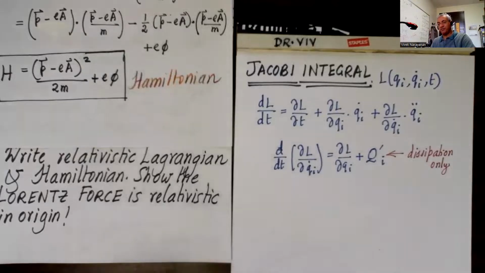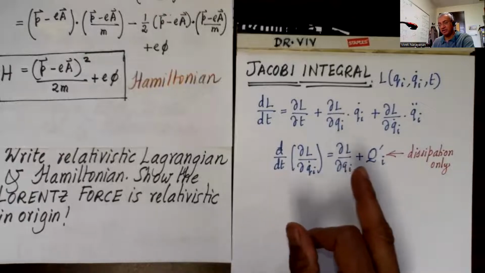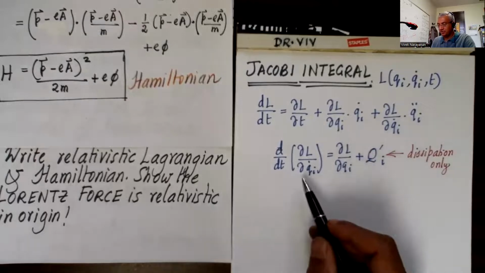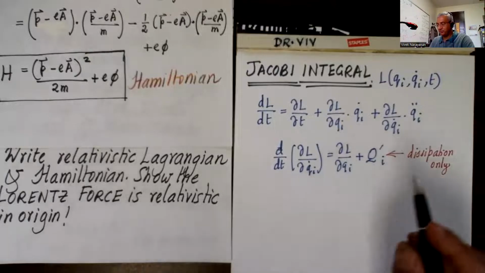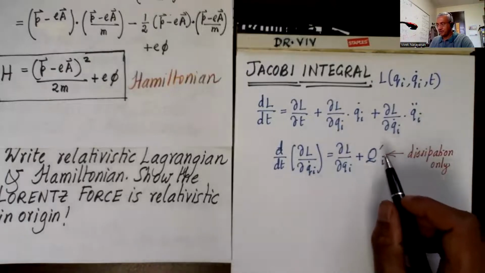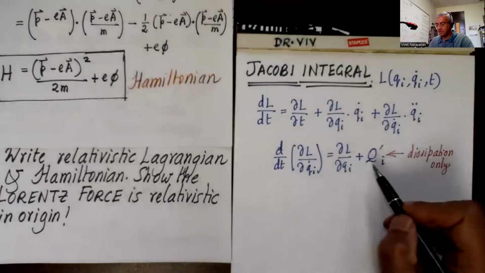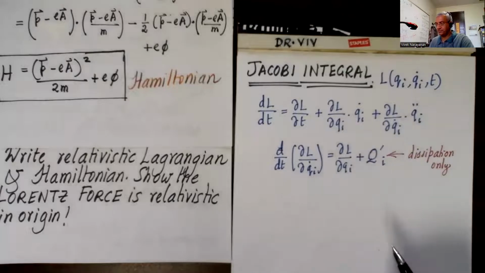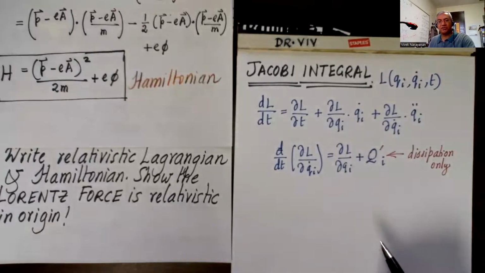Whatever part of the generalized force that's not dissipation and has got a potential energy function has been absorbed into the U function in the Lagrangian, because L is equal to T minus U. All right, with that understanding, let me substitute for the del L by del Qi over there. Okay, so we're trying to find a conserved quantity.